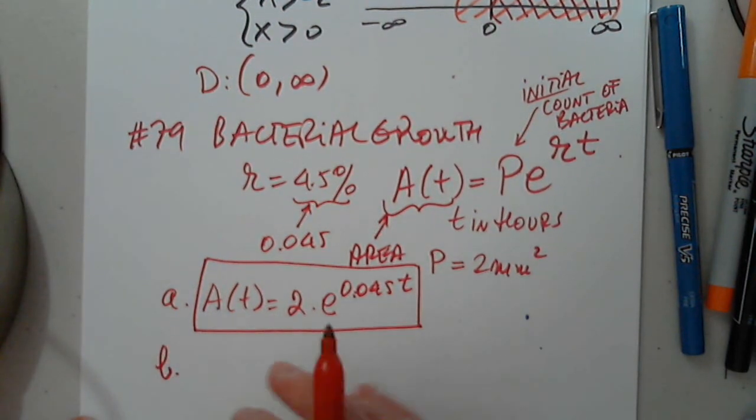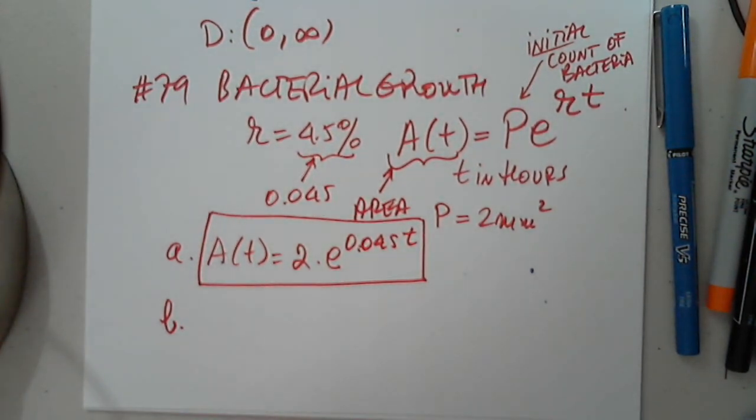This is done. Now in part B, they say, what is the area of the colony after 10 hours? How do I determine that? And then they have, when will the colony's area reach 50 millimeters squared? And when will it double.